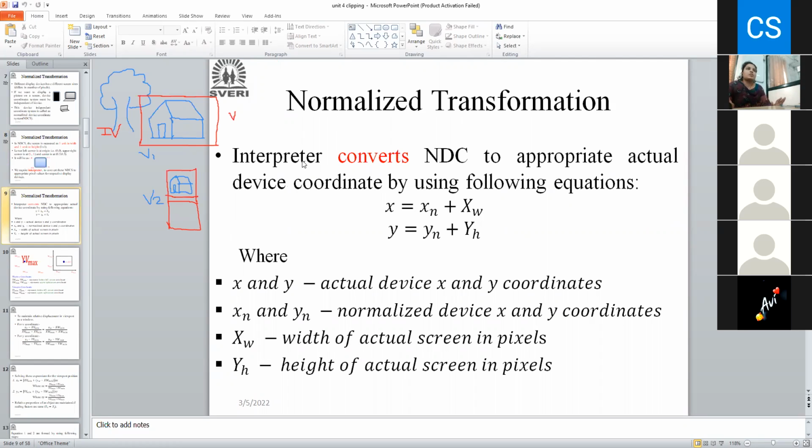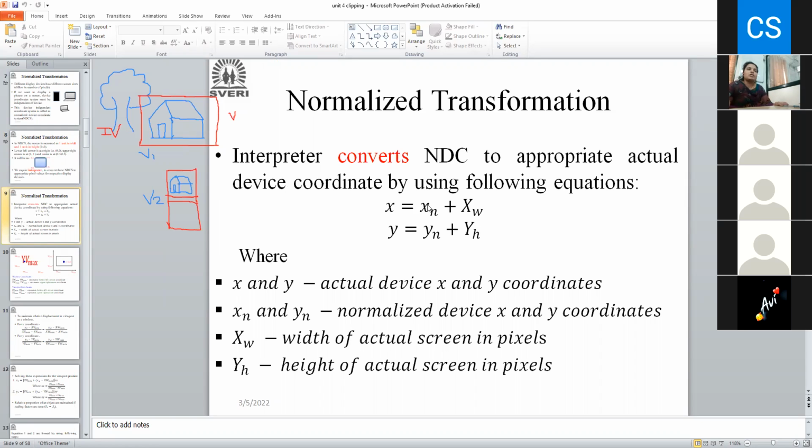So what this interpreter does is convert the normalized device coordinates to actual device coordinates using the equations. Here x and y are the actual device coordinates that can be obtained by adding the normalized x and the width of the actual screen.